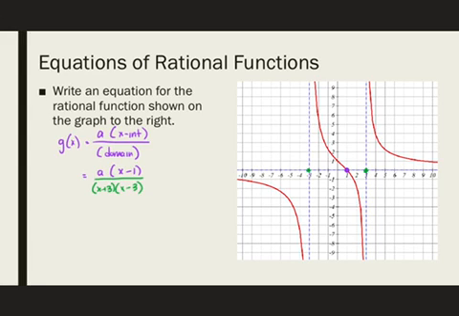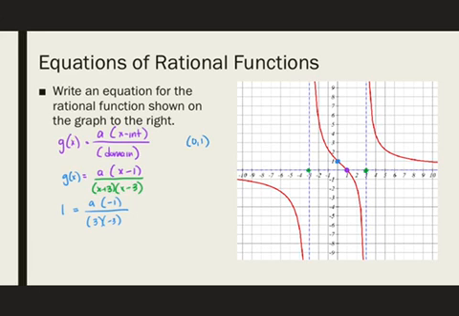And then I need to figure out what my a value is. And so my a value comes from the y-intercept, which happens at 0, 1. So 1 equals a times 0 minus 1 over 0 plus 3 times 0 minus 3.